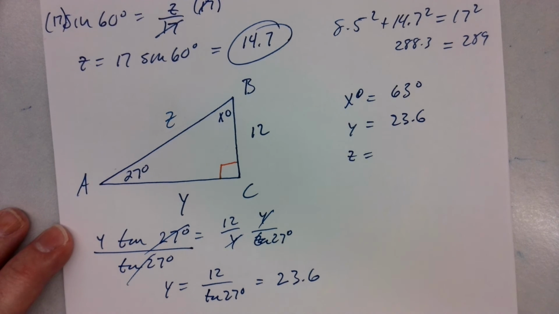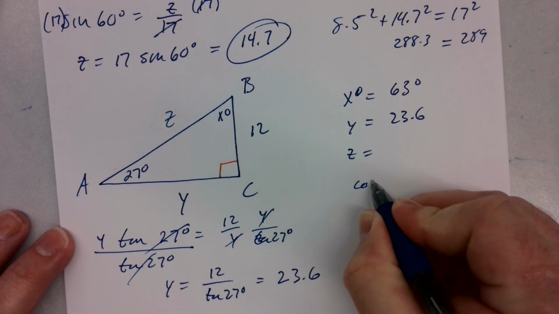Who was 5? Okay, Murray, how'd you do z? Well, I think I did it wrong. Well, how did you do it? I did cosine of 63 equals 12 over z.